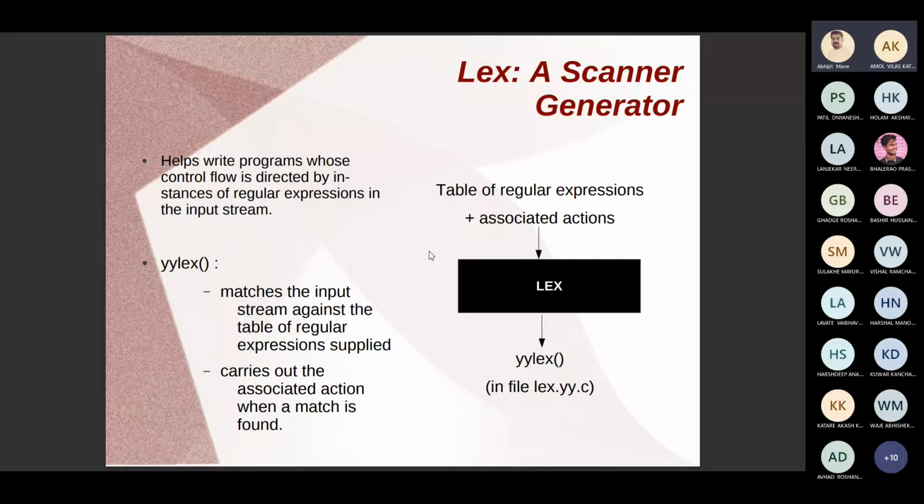The code reads characters, and whatever the regular expression matches, the longest matching string is generated as a token. So it is a regular expression plus an associated action. Whatever rule you define, Lex uses it, and yylex returns the longest matchable token for that input, in the file lex.yy.c.